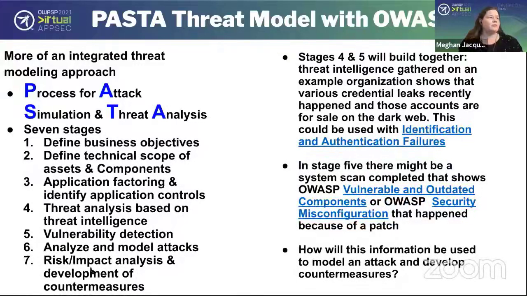And so then within these 7 stages, the 6th and the 7th are really where you're getting into the proactive pieces. A lot of it is observational up to stage 5. And so as you model out the attacks, you're really thinking from an attacker mindset, what are all the things that can go wrong?